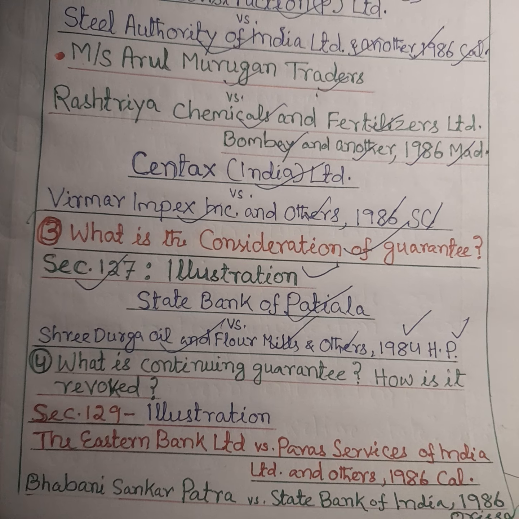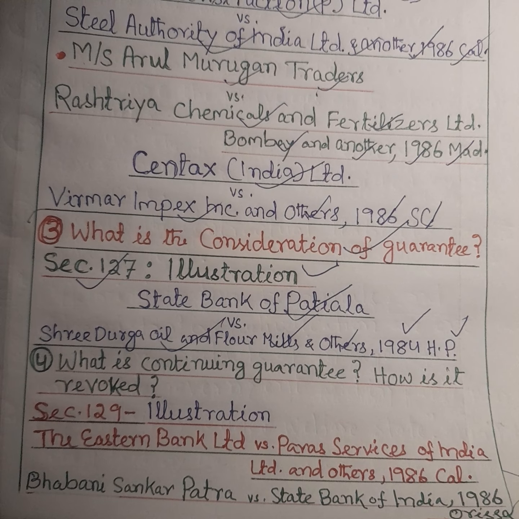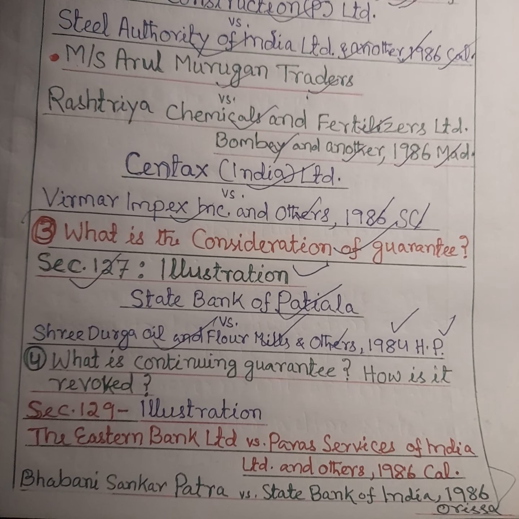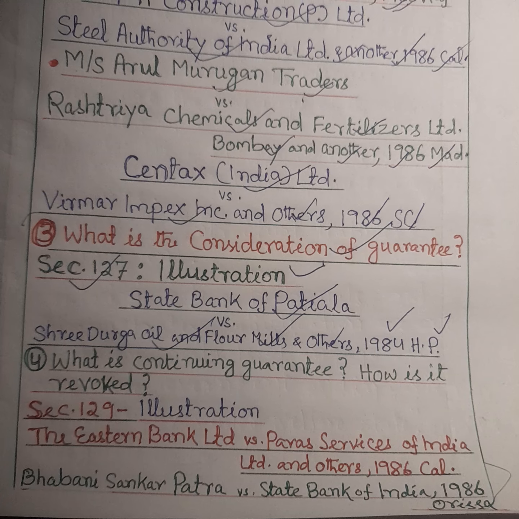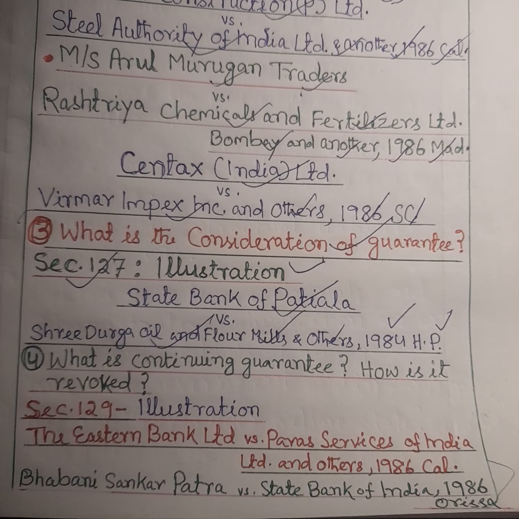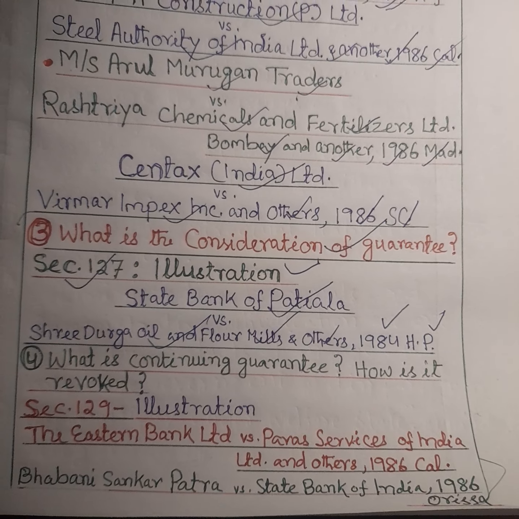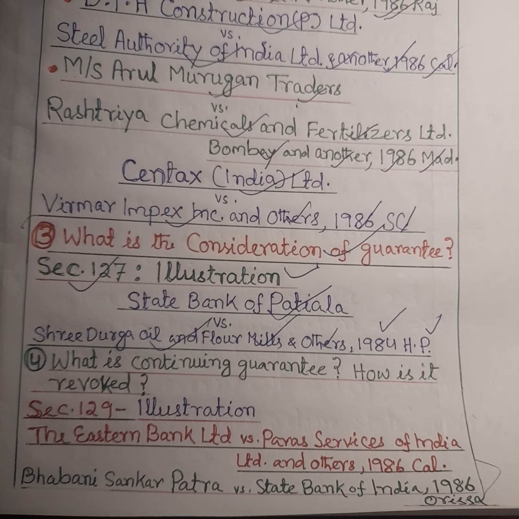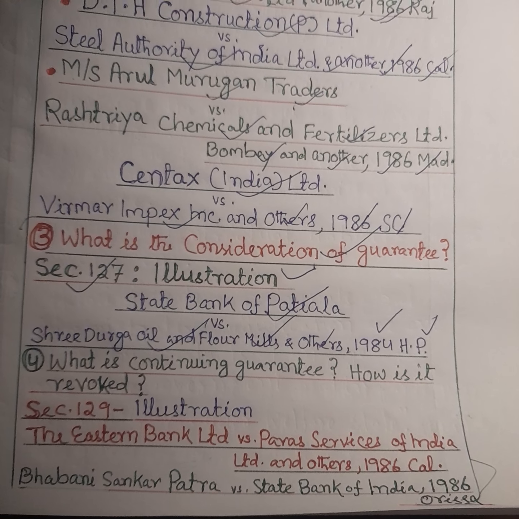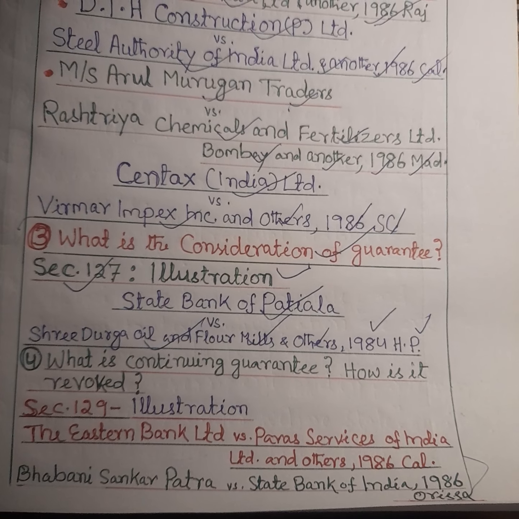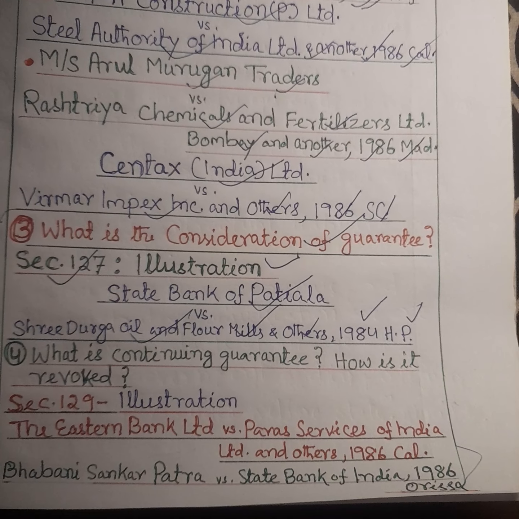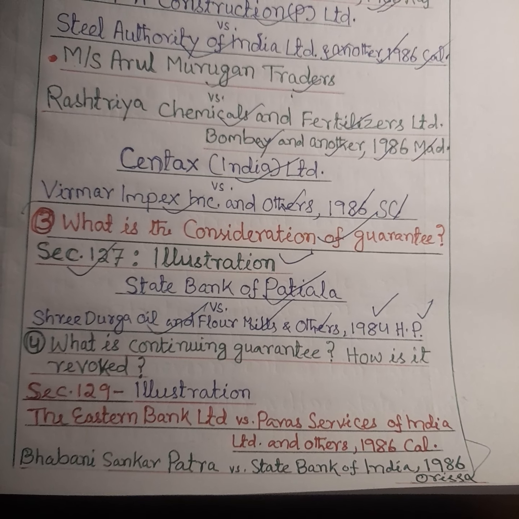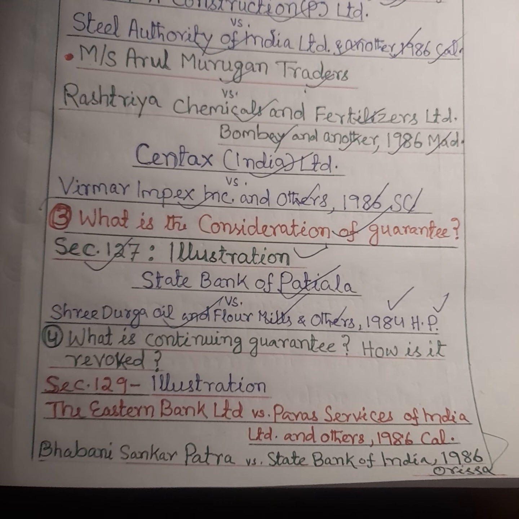It is provided under section 129 of the Indian Contract Act, and for the very illustration and the very important leading cases relating to continuing guarantee and its revocation, we would like to discuss the very important leading case, that is the Eastern Bank Limited versus Paras Services of India Limited and other in 1986, decision of Calcutta High Court.